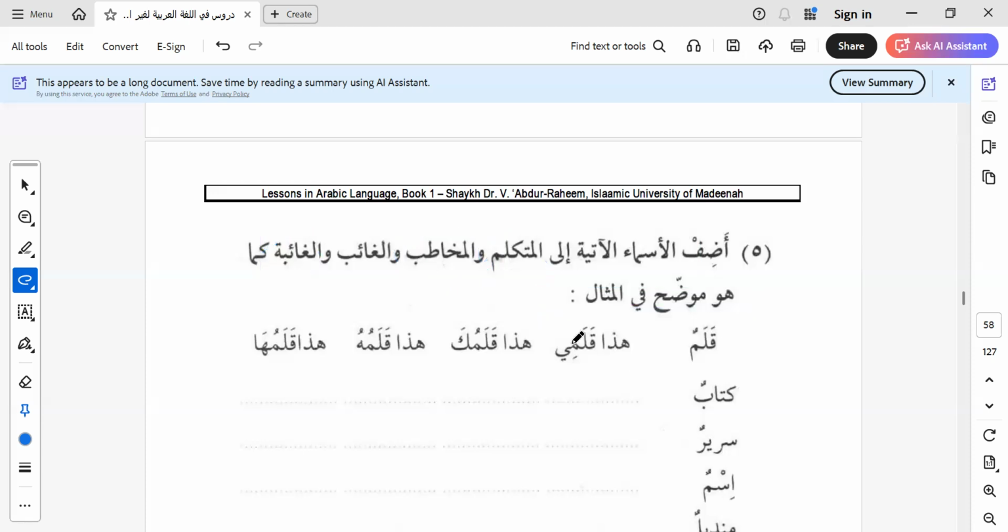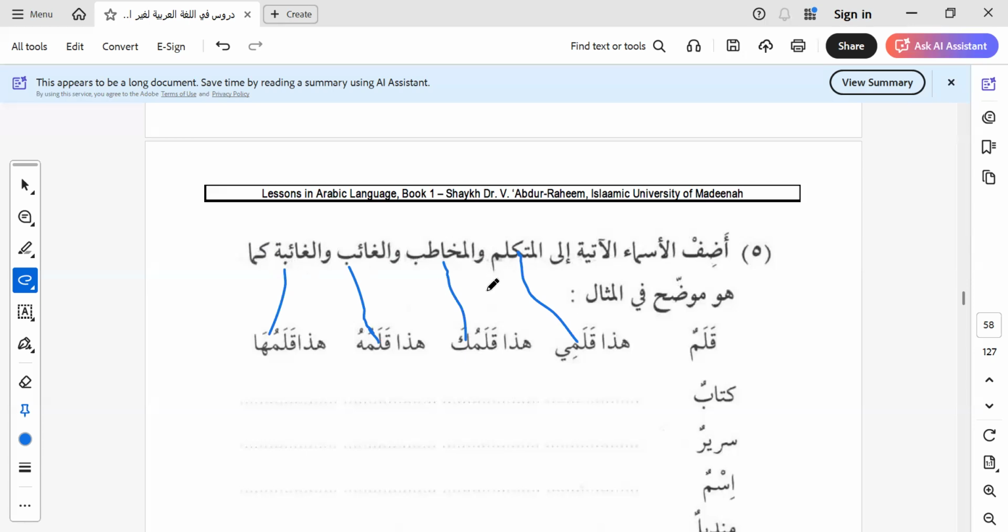So we have قلم. هذا قلمي, first person. هذا قلمك, second person. هذا قلمه, third person. هذا قلمها, third person feminine. قلمي المتكلم. قلمك المخاطب. قلمه الغائب المذكر. قلمها الغائبة.